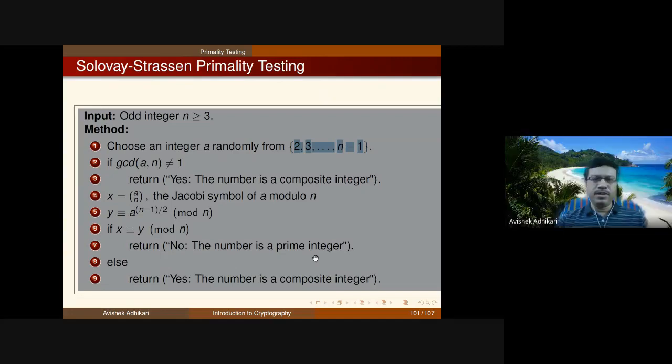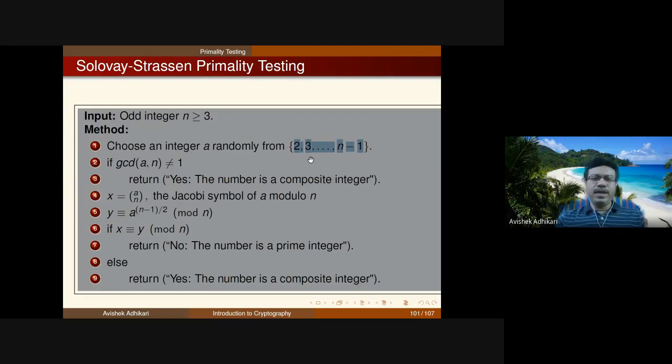1 by 4. Yes, it's 1 by 4 because a is randomly chosen. The second time, the event is independent of the first time. So you know that previously the answer was no, and then you again do this with the same n but with a randomly chosen a, and you again get the answer no. If you are not satisfied, then again run the program.